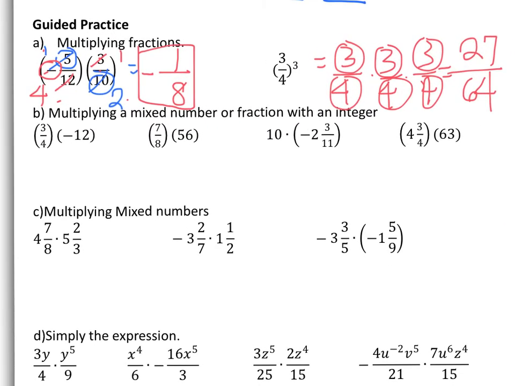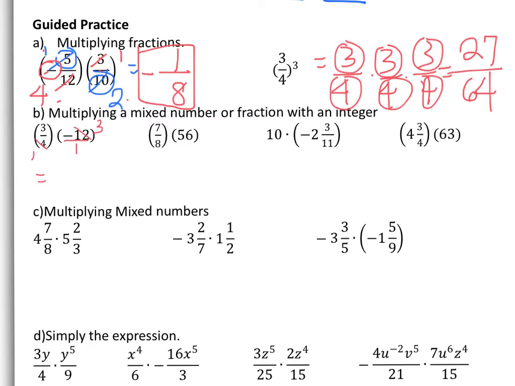Multiplying a mixed number or fraction with an integer. Okay, so here I know my denominator for negative 12 is 1, and I can first simplify before I multiply. So 4 becomes 1, and 12 divided by 4 is 3.